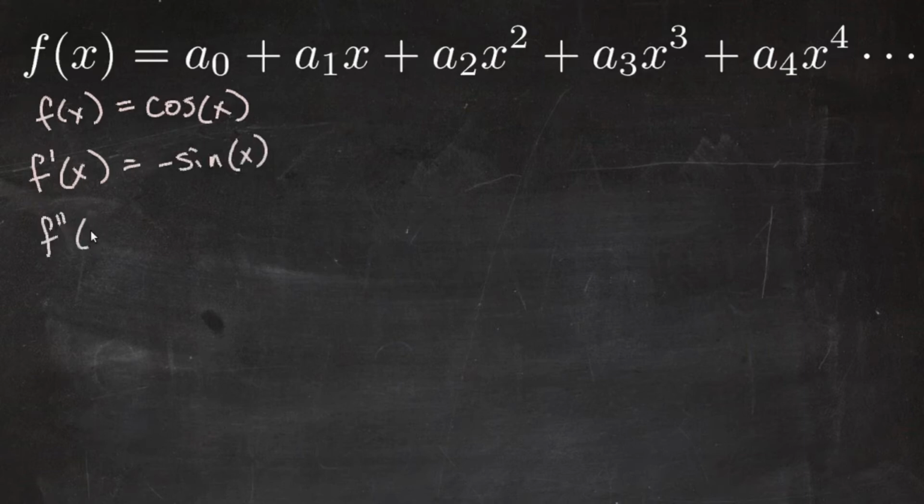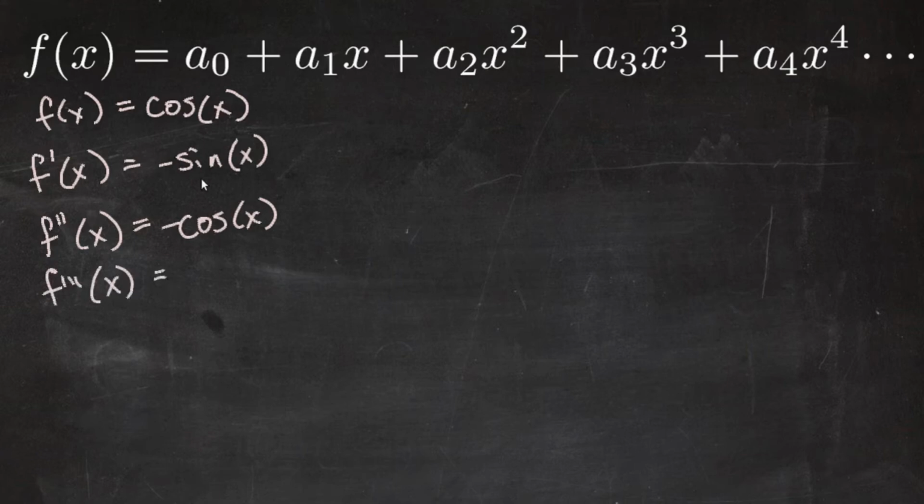F double prime of x, the derivative of negative sine of x, is negative cosine of x. F triple prime is sine of x. And the fourth derivative here, the derivative of sine, is cosine.